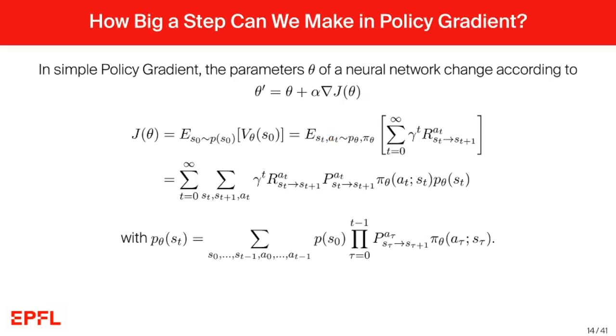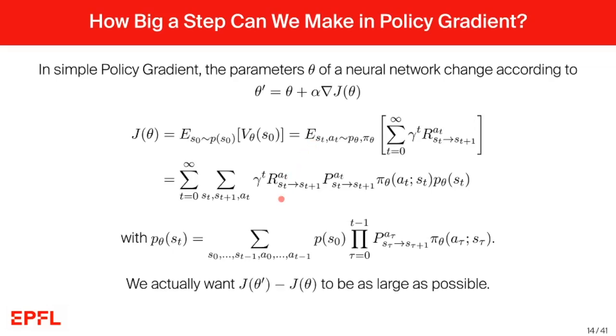Now the question here really is, well, how big should this learning rate alpha be? And should it be the same for all dimensions of the parameter vector theta, or what is the optimal step size that should be taken?